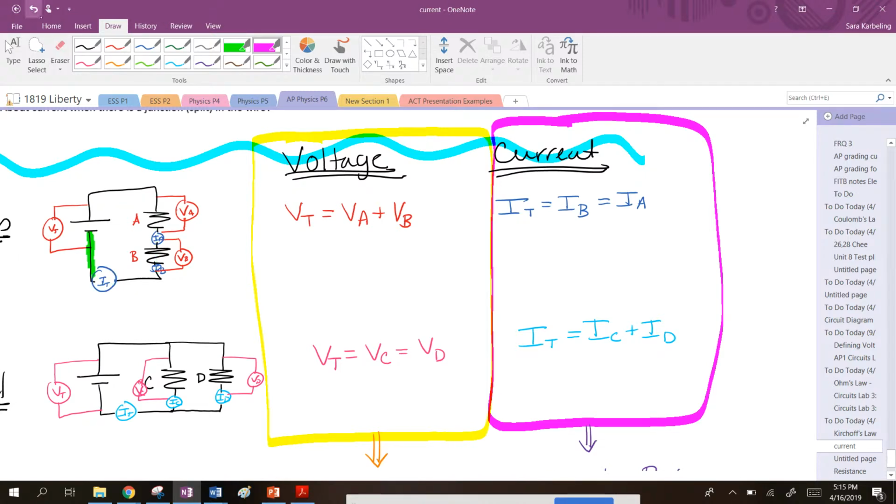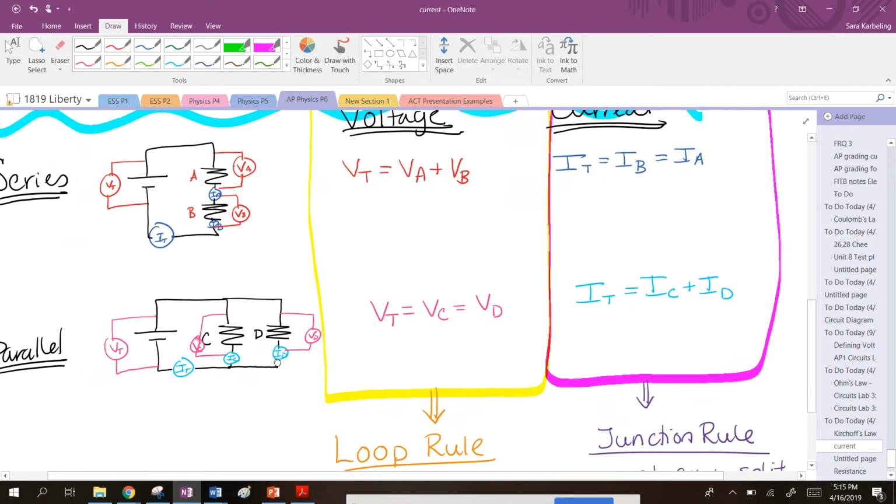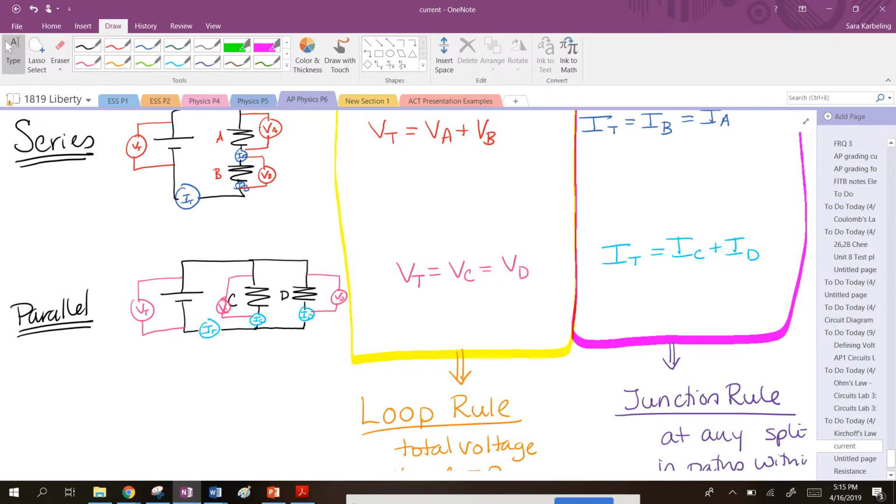Okay, when we look at it in terms of the parallel circuit, it's a little bit more interesting. We can imagine all of that current coming out of that negative terminal, right? And it gets to this junction. Now the electrons can go one of two ways, but they won't go both ways. That's the point.